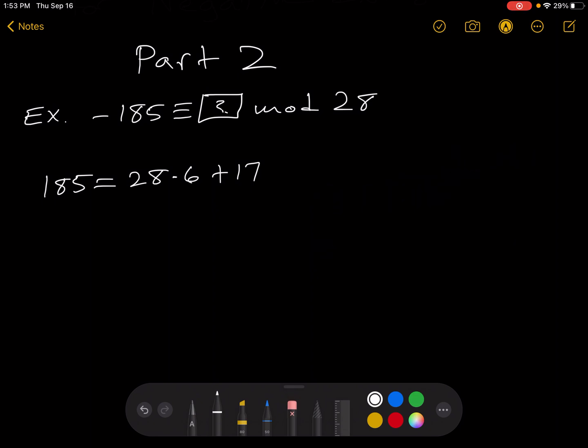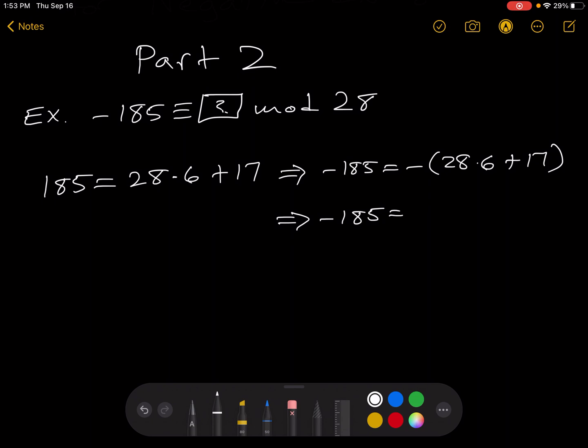You'd multiply it by a negative, right? What you do to one side, you have to do to the other. So negative 185 is equal to negative 28 times 6 minus 17.